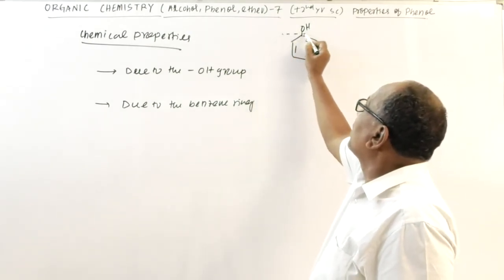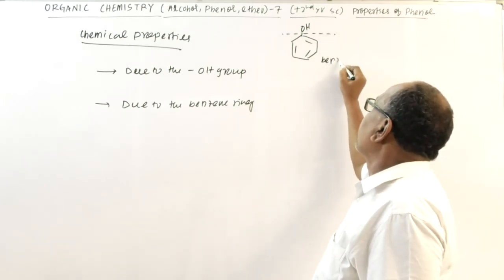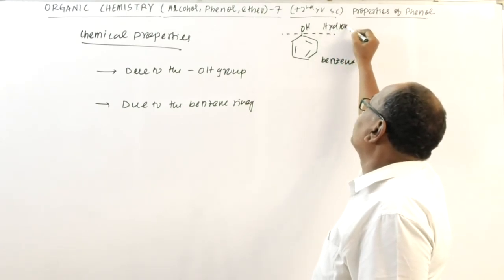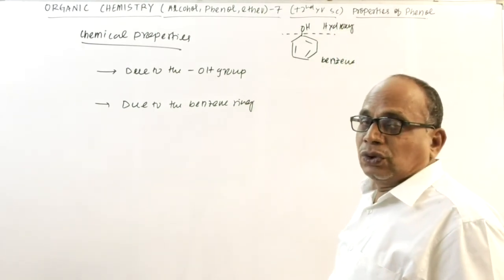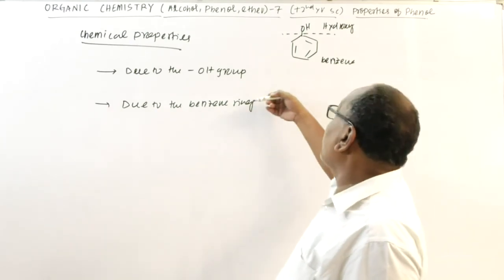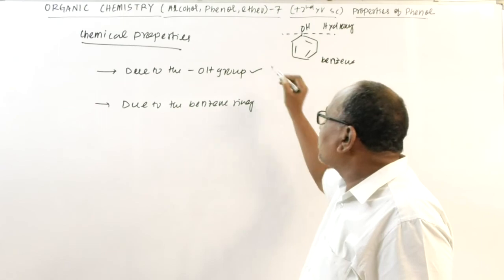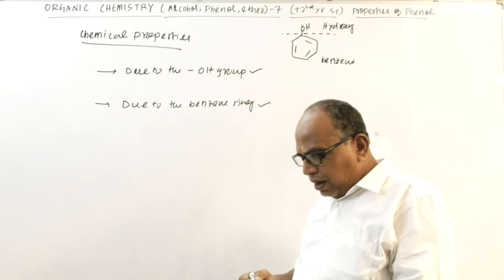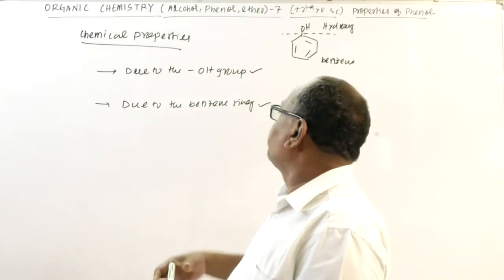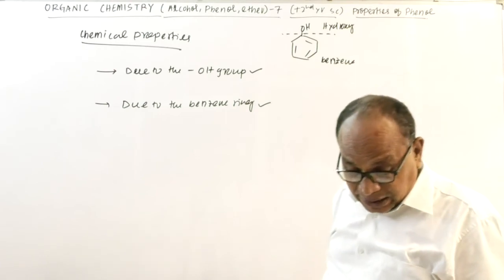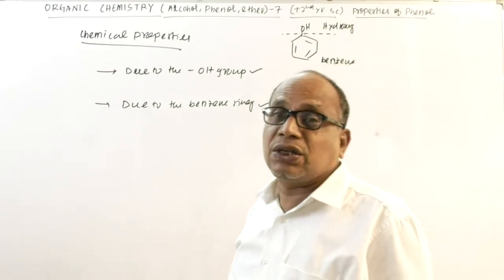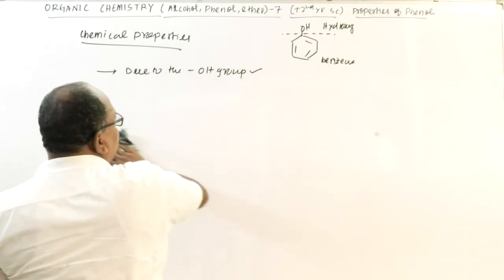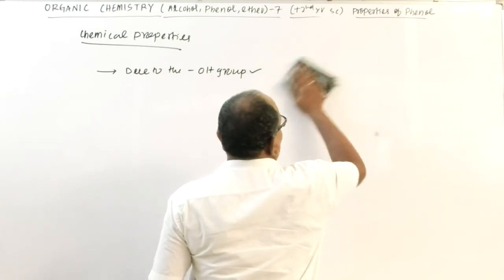This part is your benzene ring, and this part is your hydroxy group. So some reactions of phenol are due to the OH group and some are due to the benzene ring. The reactions of phenol due to the OH group have properties most similar to alcohols. First come the reactions due to the OH group.